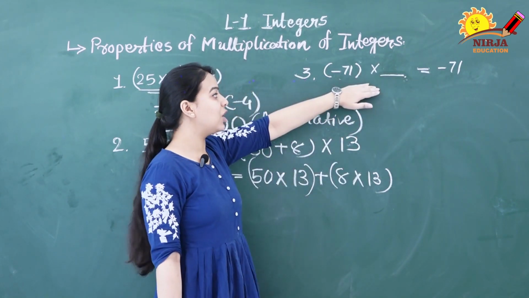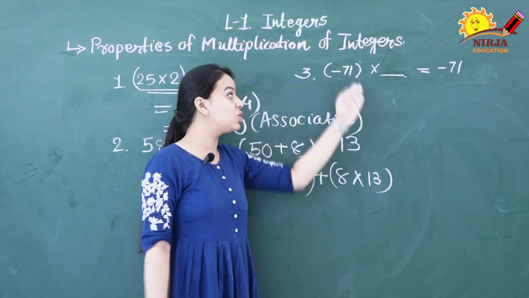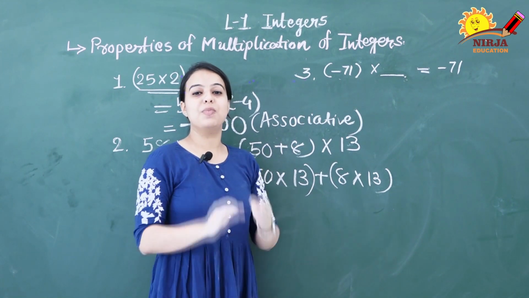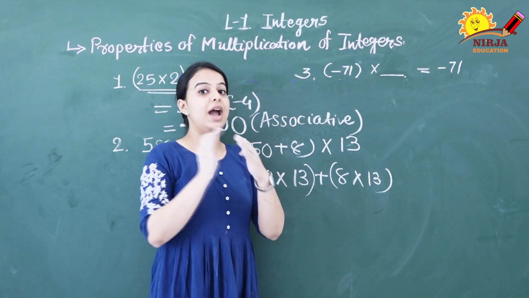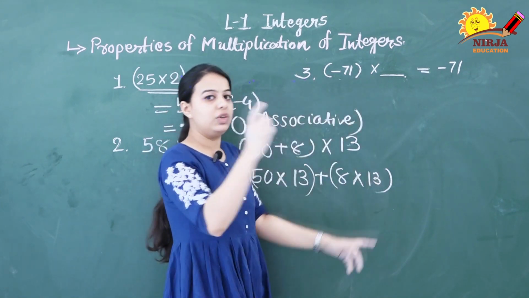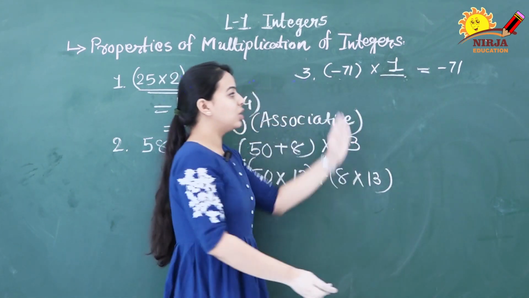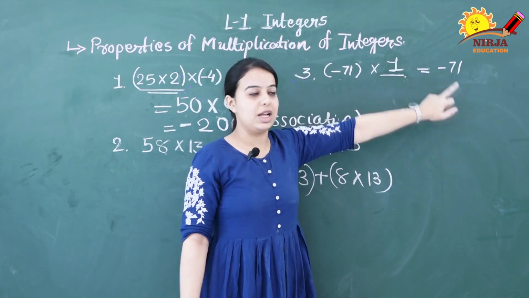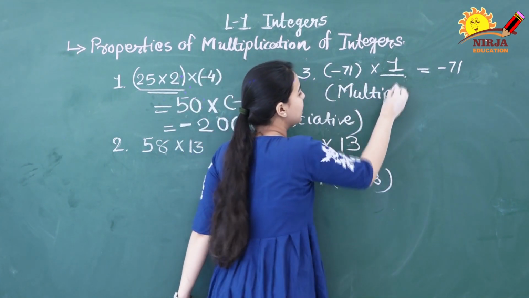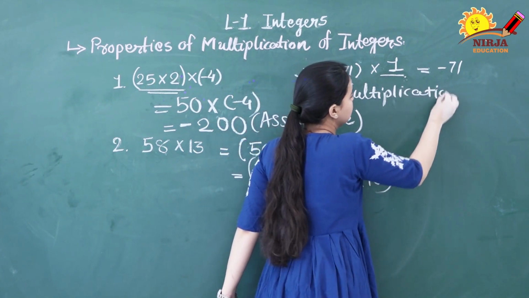So which property of multiplication can we use over here? Yes, we can use the property of multiplication identity, and it states that if we multiply any number by 1, then we get the answer as the number itself. So here we have used multiplication identity.